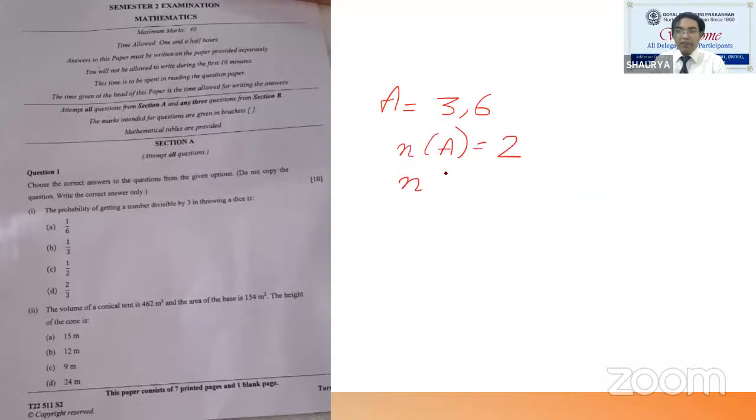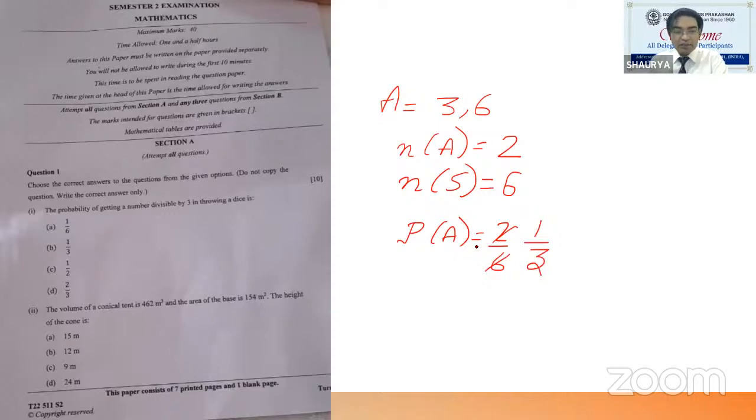And as we already know, the sample space, the number of all possible outcomes in a throw of a die once, is 6, all the digits from 1 to 6. So the required probability of event A is 2 upon 6, which would be 1 upon 3, right? So option B would be the correct answer.